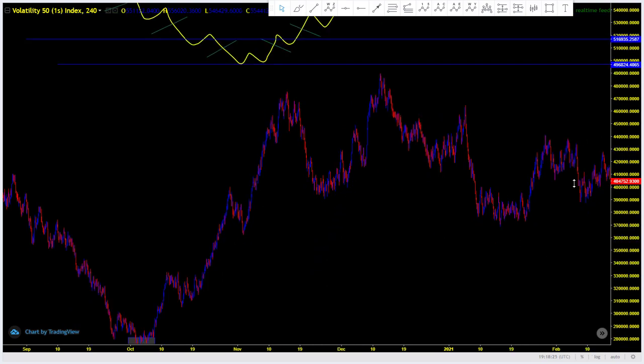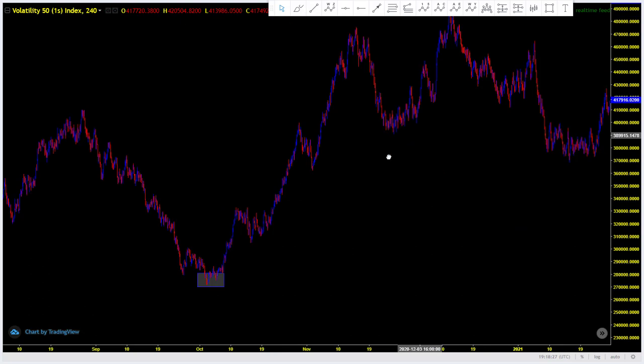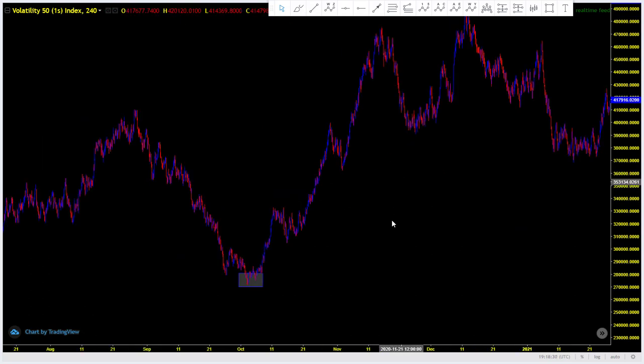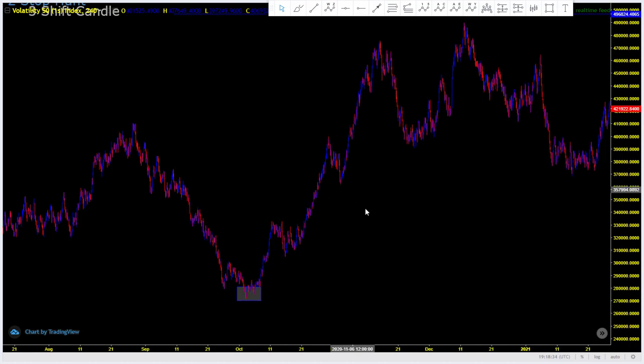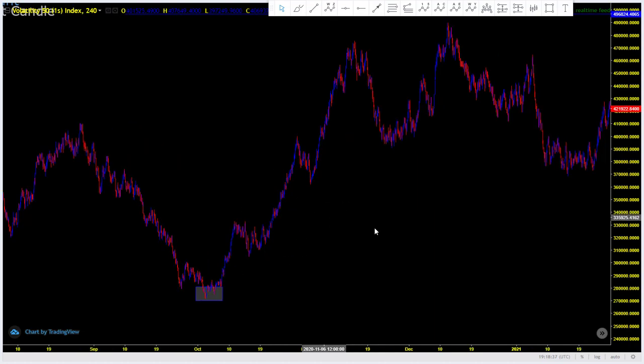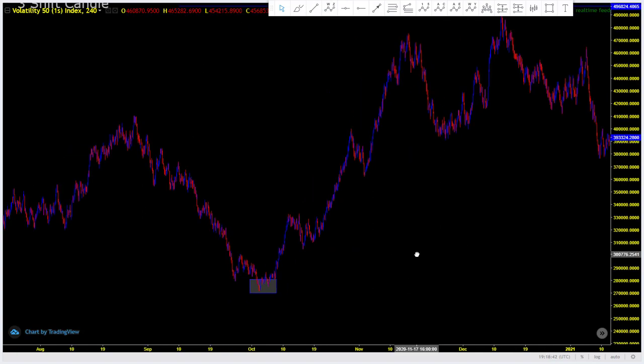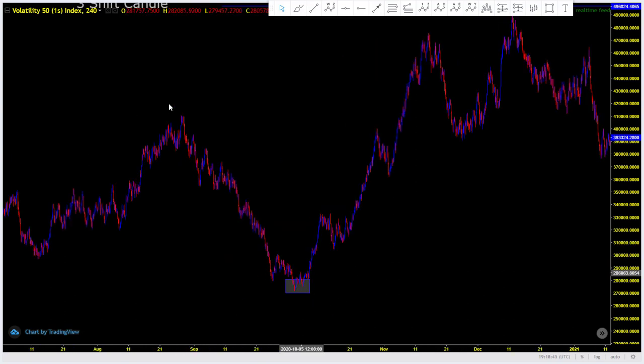Let me just squeeze in the price a bit so that we are able to see. So by just looking at this price before I start expanding it a lot, you see that this has been the lowest point from this side. It has been the lowest point that has been broken here.